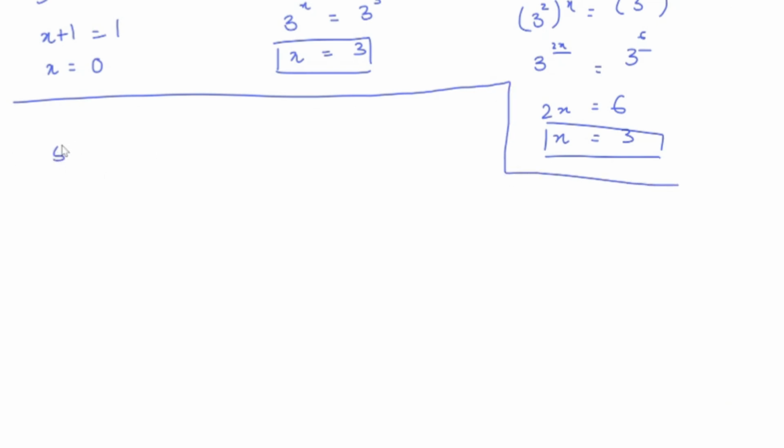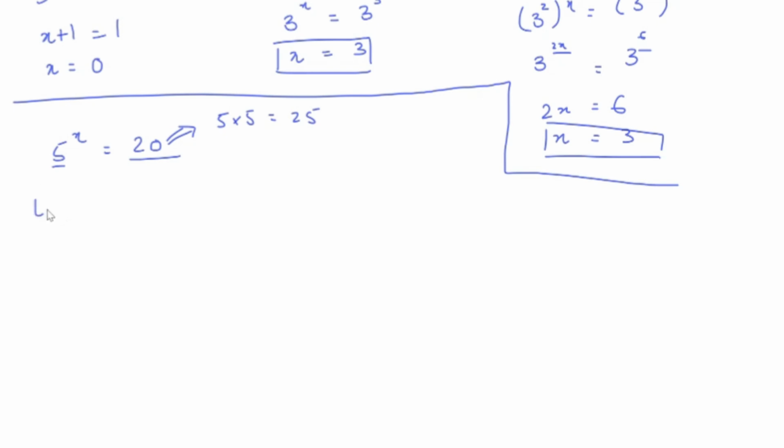Like if we take 5 power x is equal to 20, then 5 cannot be divided by anything, and if we try to convert 20 into bases of 5, then we can do 5 multiplied by 5, and it will be 25. So it has already exceeded this value, so we can see that we cannot make our bases the same. So what do we do when we cannot make our bases the same?